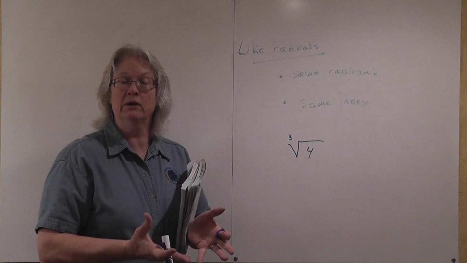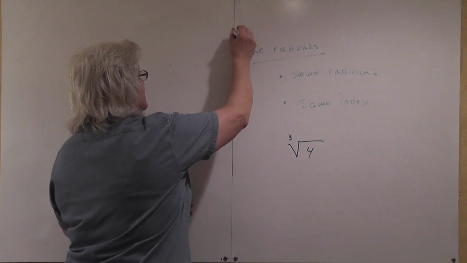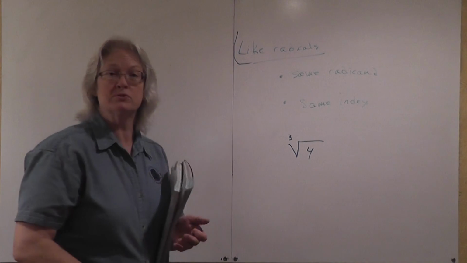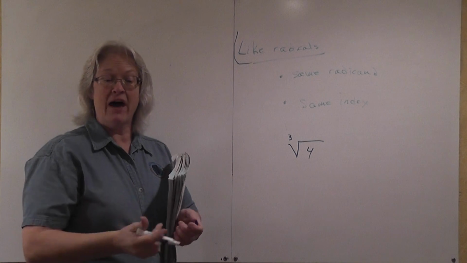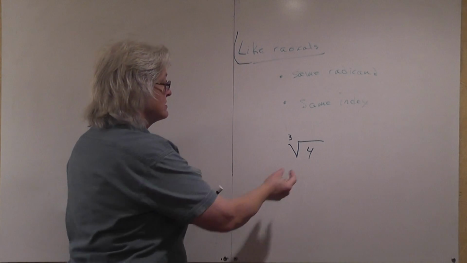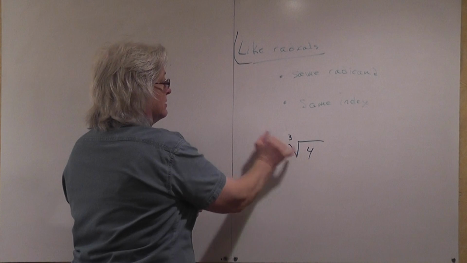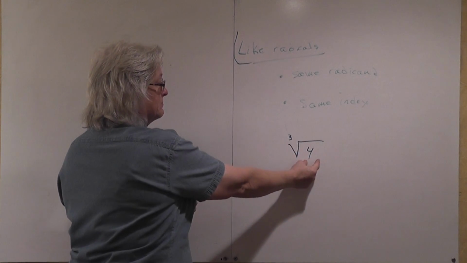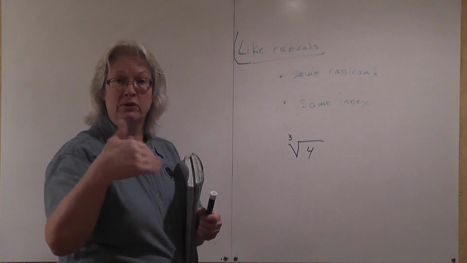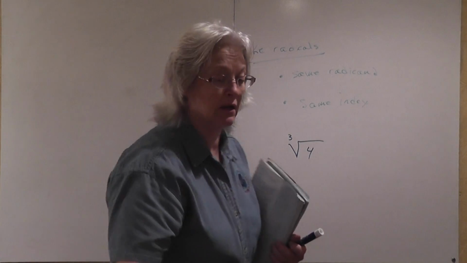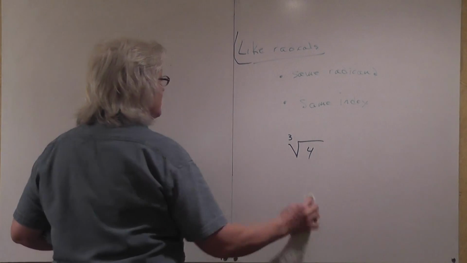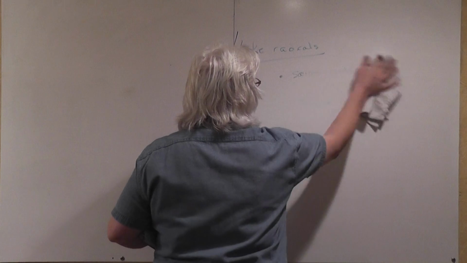So this is why you have to simplify radicals before you can add or subtract them, because the index has to be the same and the number underneath that radical sign, the radicand, has to be the same.